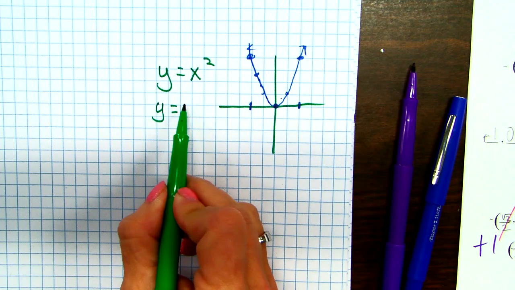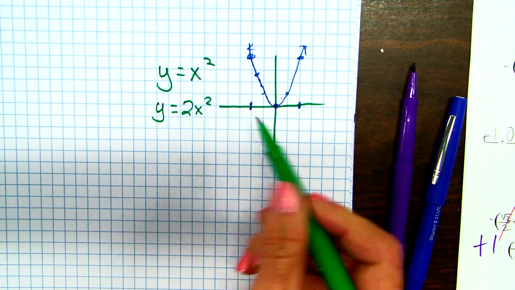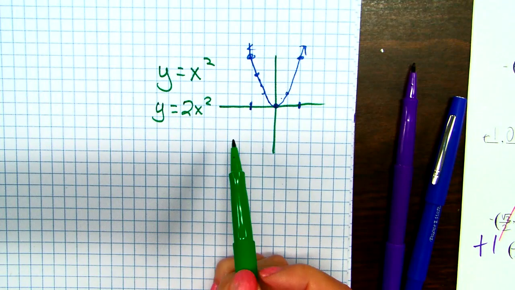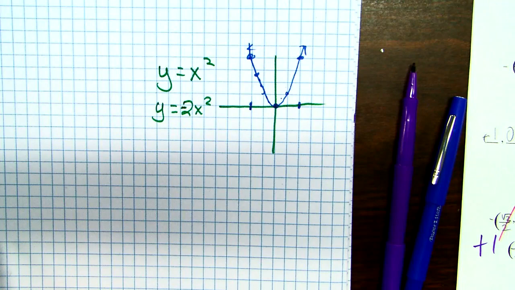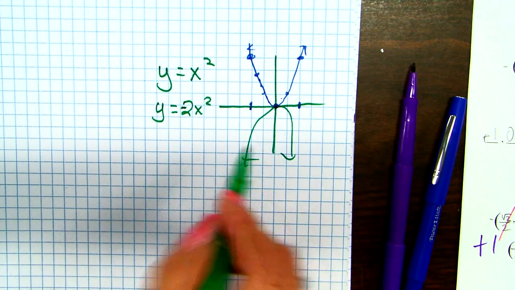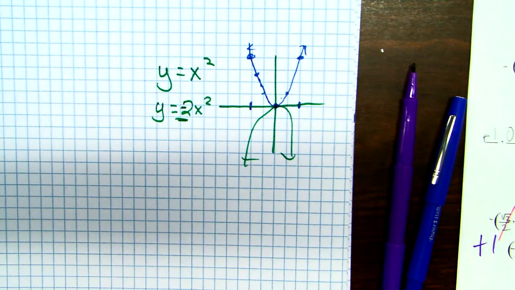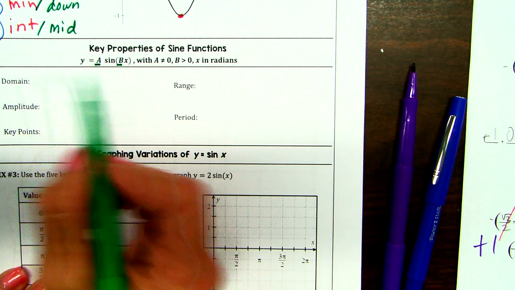The minute I throw a 2 in front of there, my graph stretches vertically by a factor of 2. I put a negative in front of it, it's going to flip it, right? So A in every function we work with in our whole world of math stretches, shrinks, and flips over the x-axis. So let's come back to that.